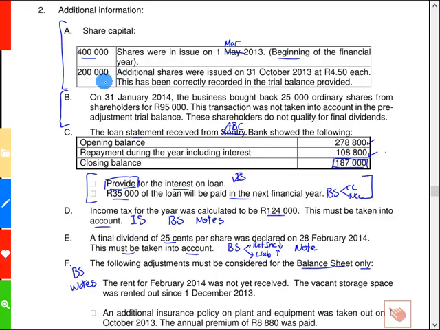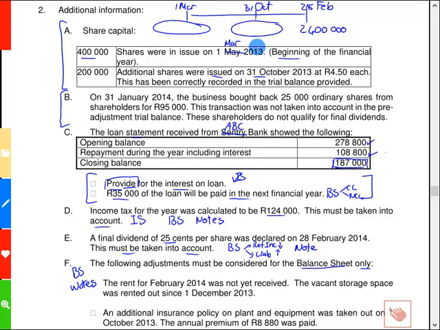There were 200,000 additional shares issued on 31 October. So here's our financial year: 1 March, 31 October, and then 28 February. Before any adjustments, we know that the balance is 2.4 million. But we don't know what this amount is, and we don't know what this amount is.